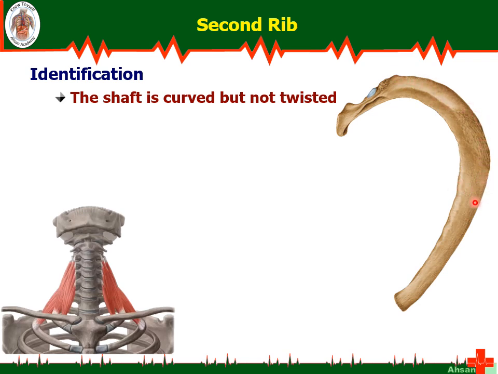The outer surface is sloped, not totally external. You see the tubercle is there, and the angle is also there, but this angle is very close to the tubercle. In the first rib there is no angle, and in typical ribs clean cut angles are there.